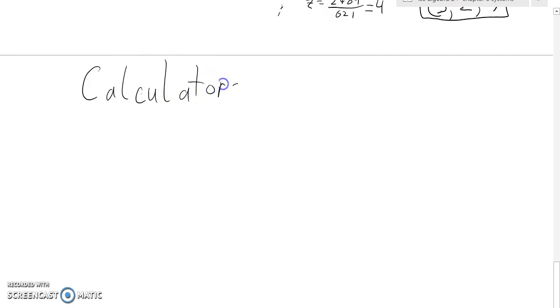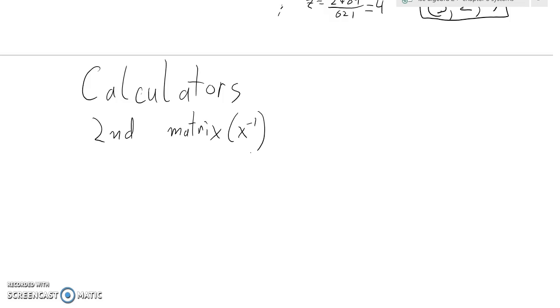So, calculators are useful. On your calculator, if you press the second key and then go down to matrix in blue, which is the X to the negative 1 button, you bring up your matrices options.